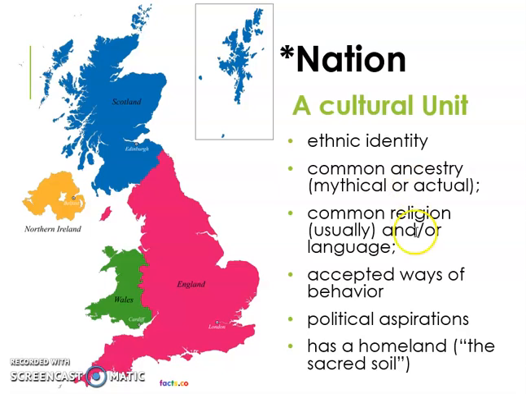We just said religion and language. They also might follow specific behaviors. That could be following a specific political pattern where they might believe in a democracy, or maybe they believe in a more socialism point of view.